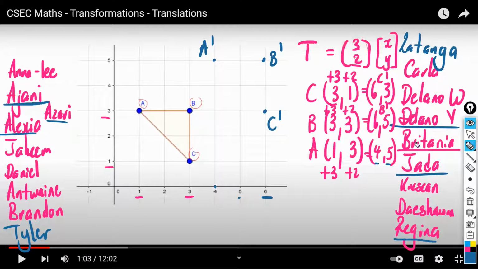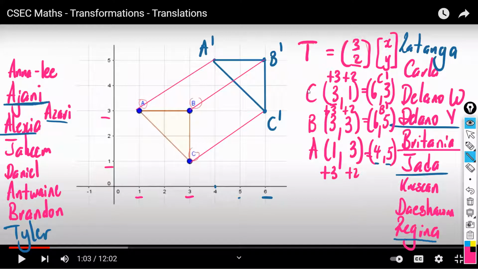Yes, sir. All right, so let's draw the new triangle, guys. See it here? This is the new triangle. Make sense? And if we draw some faint lines, we can draw some faint lines and make it look fresh still, right? Look kind of fresh, right? When you do it that way.